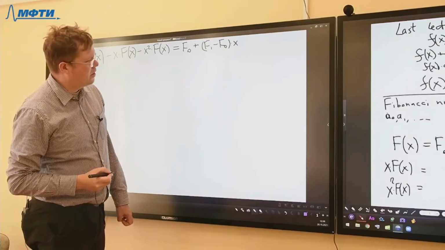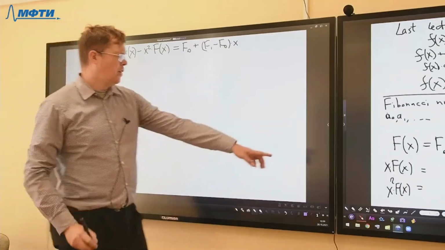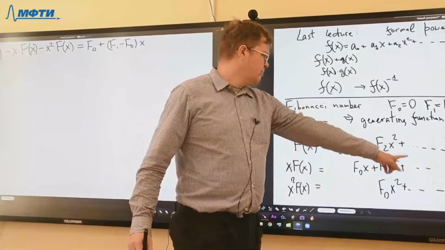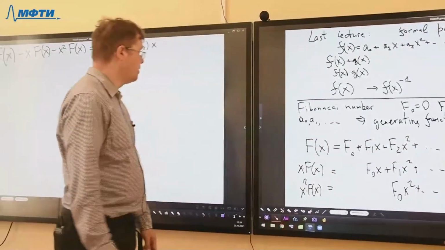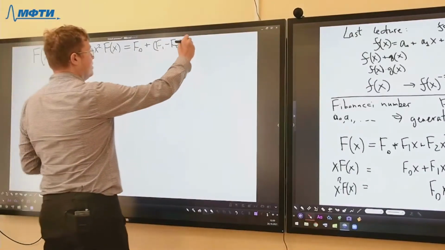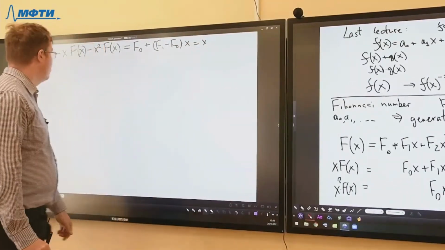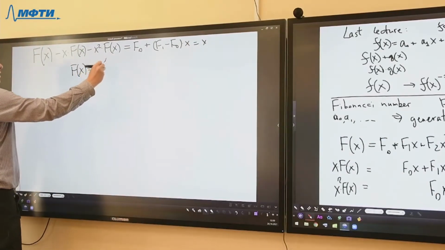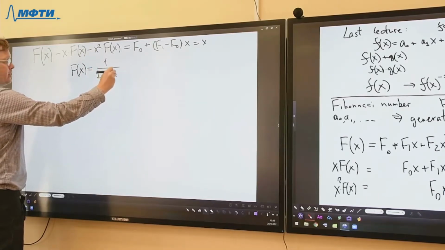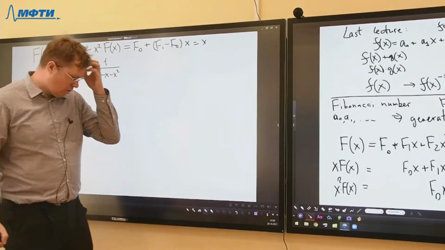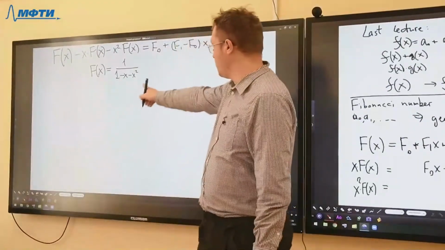And that's all, because f2 minus f1 minus f0 will be 0, f3 minus f2 minus f1 will be 0, and so on. So we have f0 is 0, f1 is 1, so this is just x. Okay. So we find that f of x is x over 1 minus x minus x squared. So we found a third expression of the generating function f of x.